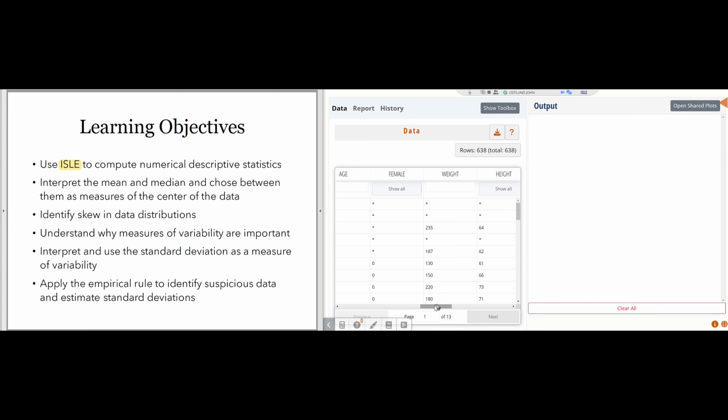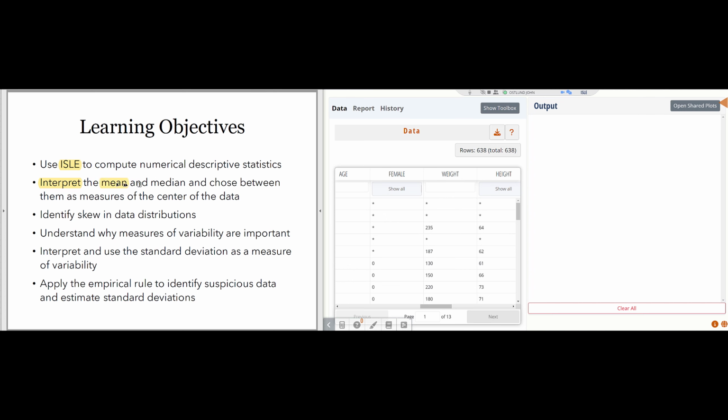Also, it has the advantage that if you are using ISLE, then your submissions as far as homework and worksheets will look like other people's and make it easier for our TA to look at.